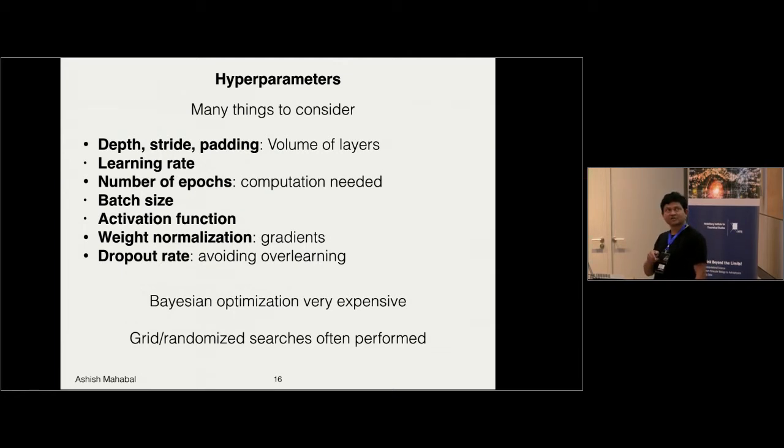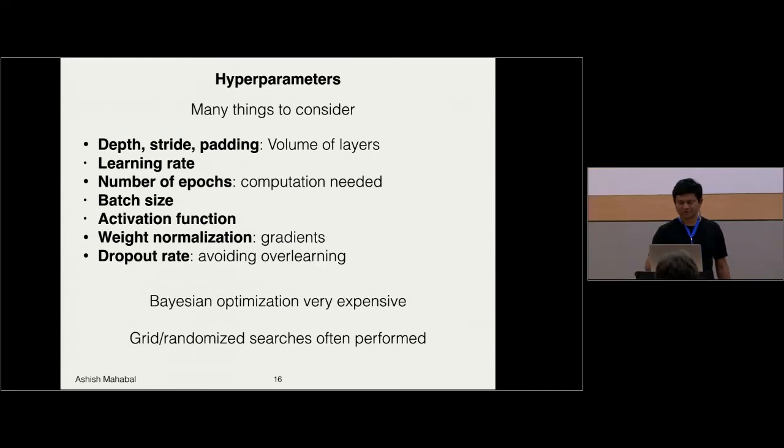There are ways to do things using Bayesian methods also, and of course that takes much more training. It takes much longer time, so it's not used as much, but there are people who are trying to optimize that as well. And then there are grid and randomized searches that are used also.